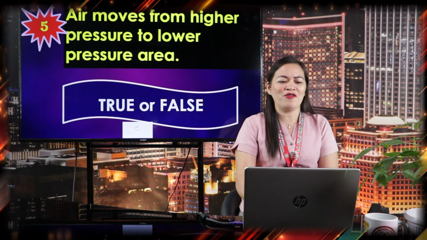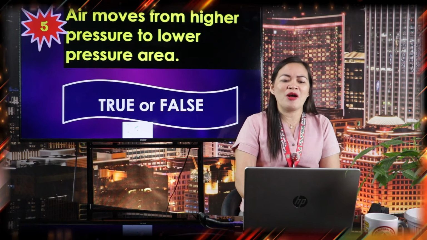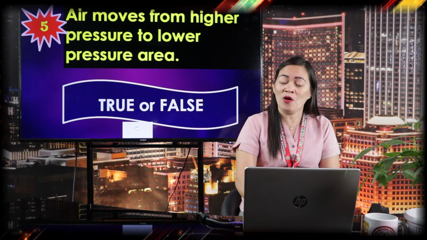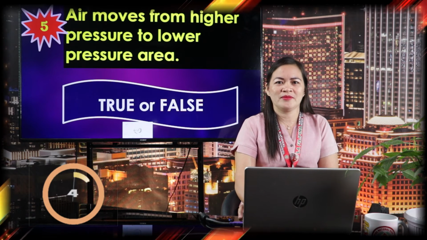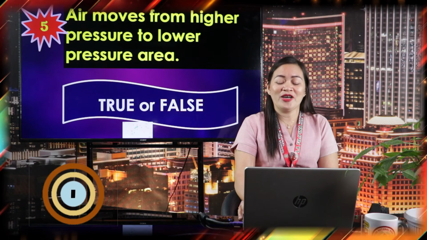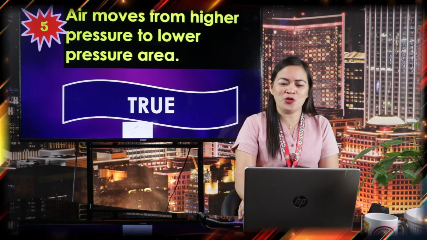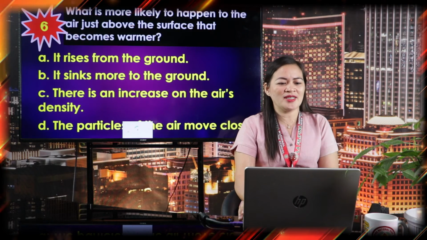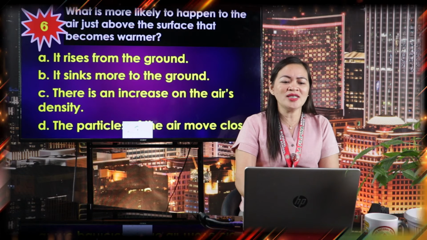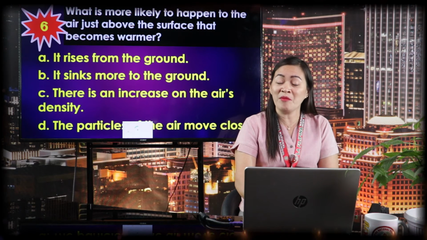Next question, number 5. Air moves from higher pressure to low pressure area. Is it true or false? Okay, the answer is true. Number 6. What is more likely to happen to the air just above the surface that becomes warmer?